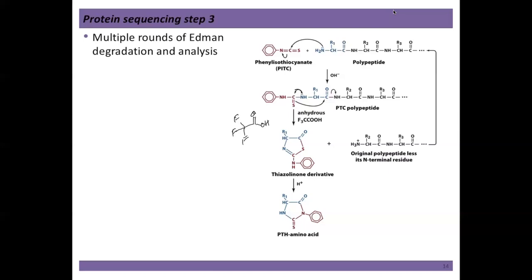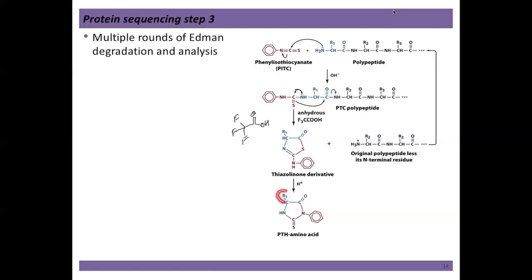Now, this thiazolinone derivative actually undergoes a rearrangement in acidic conditions to this much more stable structure, referred to as a PTH amino acid. Now, the key here is this part in red came from the derivatizing agent, and this part right here came from the amino acid. So each amino acid is going to give you a different structure here.